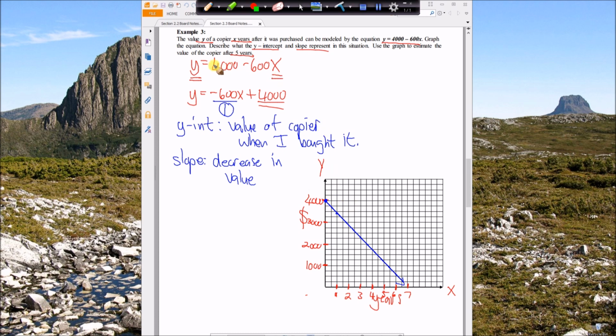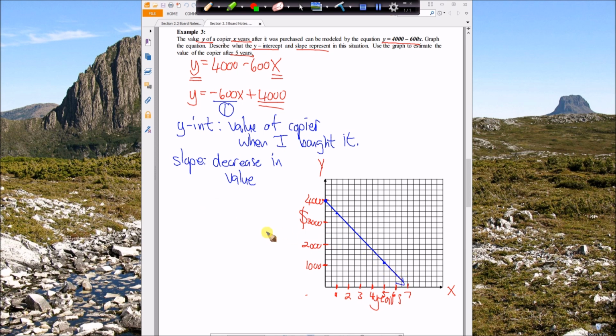Okay, then they're asking you to estimate the value of the copier after 5 years on the graph. So your graph needs to be accurate. Do this with a ruler. After 5 years, the value of the copier on my graph looks like it's about 1,000, maybe 100 more. I think your textbook had 1,000 because they graphed it very, very accurately. When I did it on my paper, it was also about 1,000.